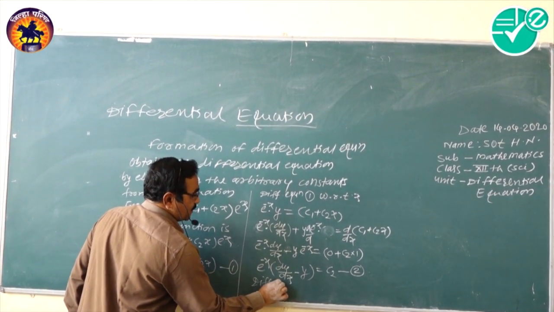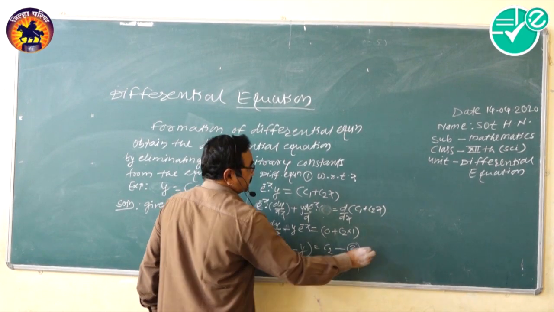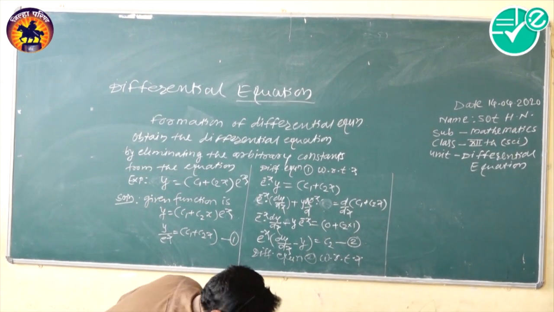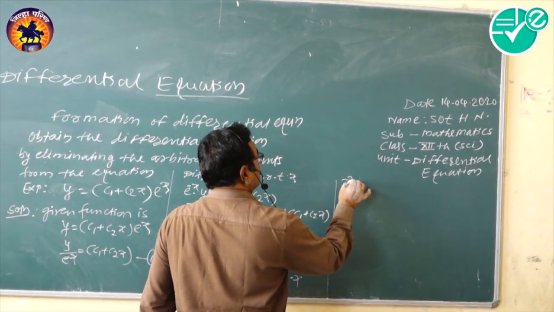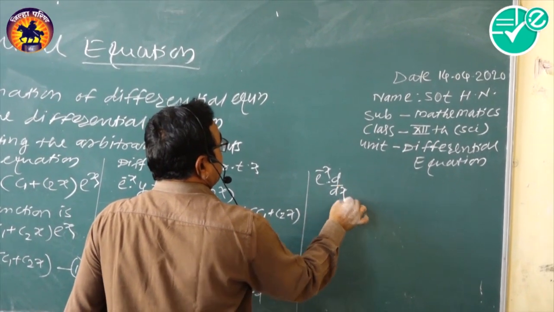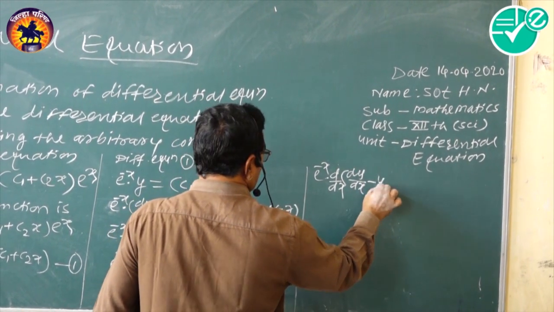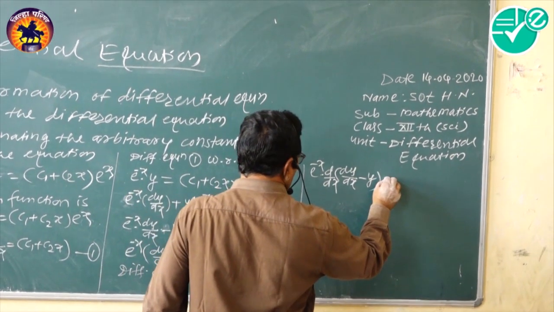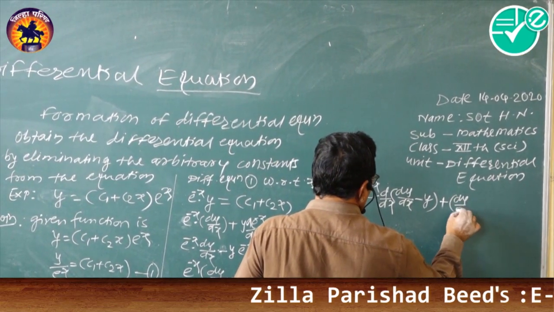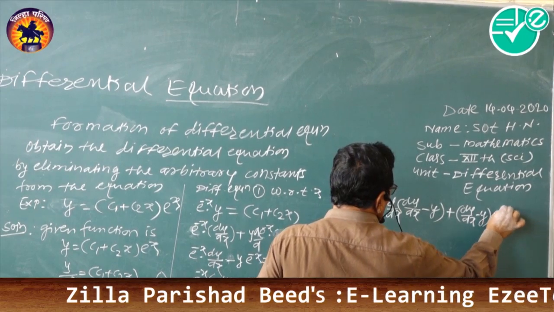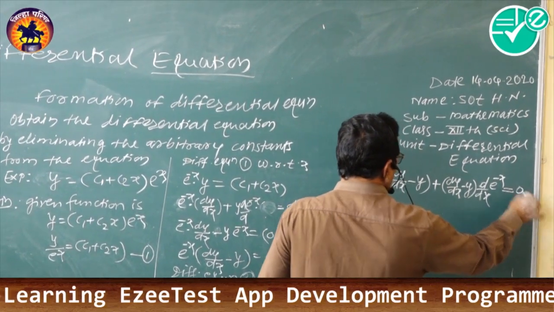Differentiate equation 2 with respect to x. e raised to minus x into d by dx of dy by dx minus y, plus dy by dx minus y into d by dx of e raised to minus x equal to 0.